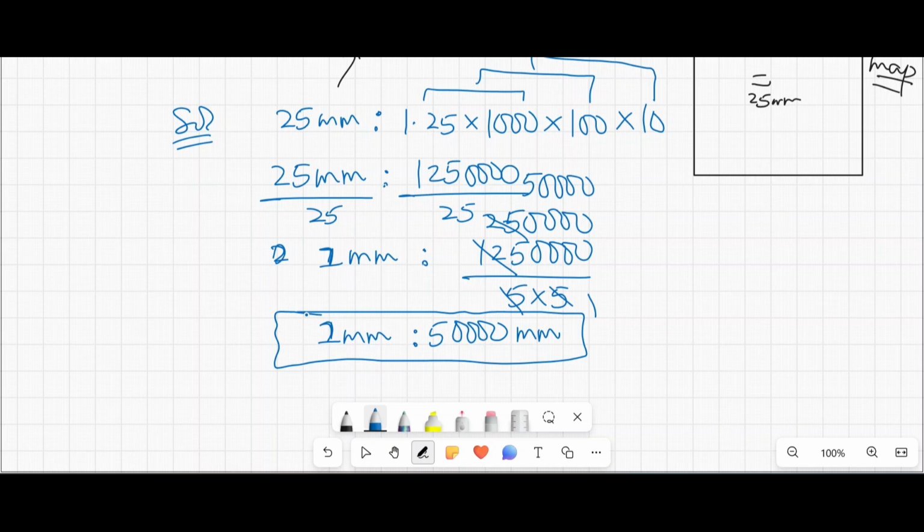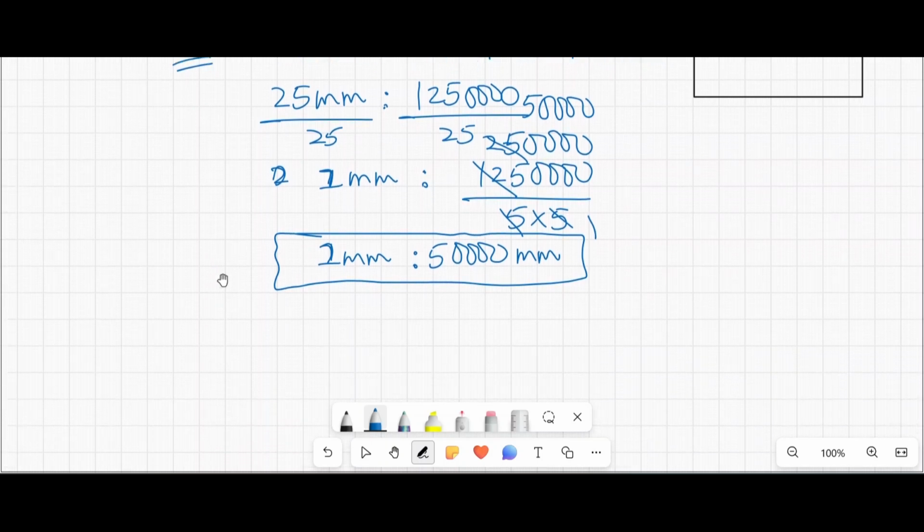You can imagine it like this: 1 millimeter is on a map, but in real life this is 50,000 millimeters. So on ground level.